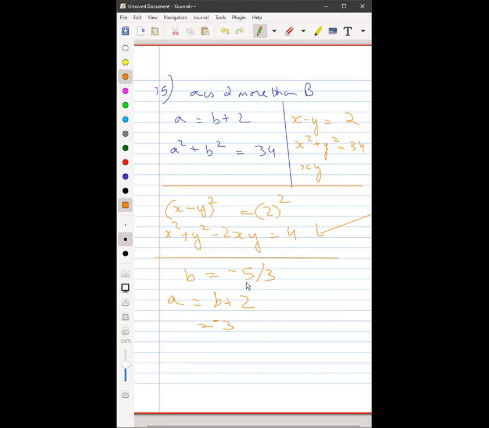So minus 3 into minus 5, we want AB, that is plus 15. And if we take B as 3, again A is equal to B plus 2, which is 3 plus 2, which is 5. So 3 into 5 again is plus 15. Right, same thing.